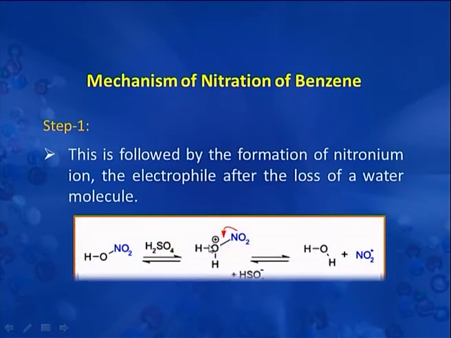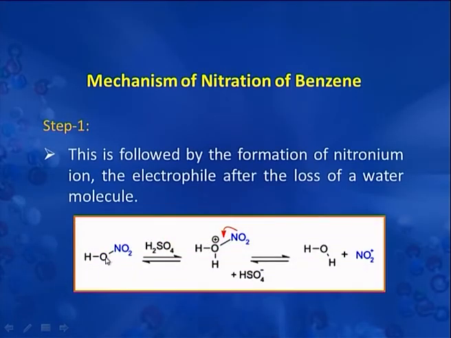Nitric acid is a weaker acid compared to sulfuric acid. That is why in presence of strong sulfuric acid, nitric acid behaves like a base, and there is protonation at this oxygen followed by removal of water and formation of the nitronium ion, which serves as the electrophile in this reaction.